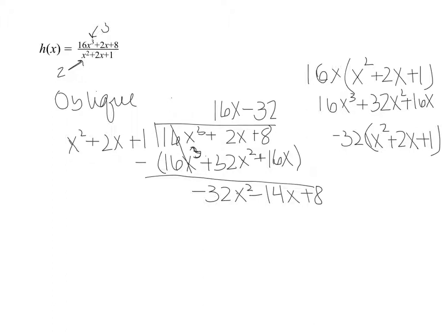So we distribute the negative 32, we get negative 32x squared minus 64x minus 32. Go ahead and put it in parentheses underneath in my long division.